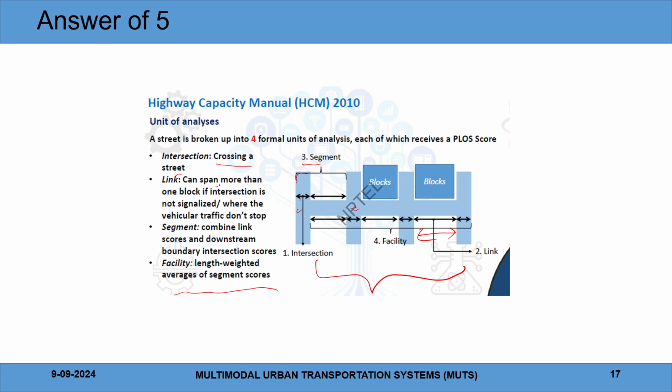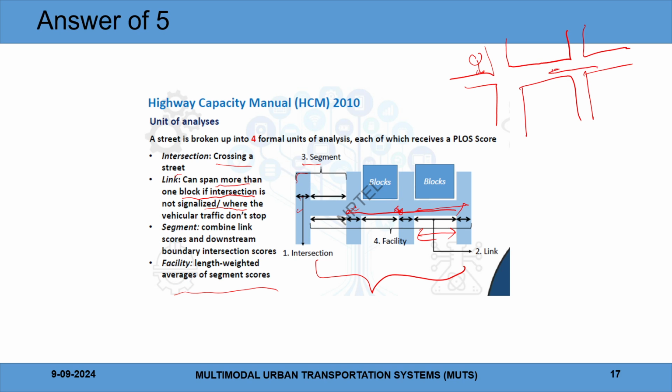A link can span more than one block if the intersection is not signalized. So link may be this portion or from here to here. But suppose there is a signal here, but if it is not signalized, then this total portion is the link. Suppose two intersections are placed closely, so the signal is here.